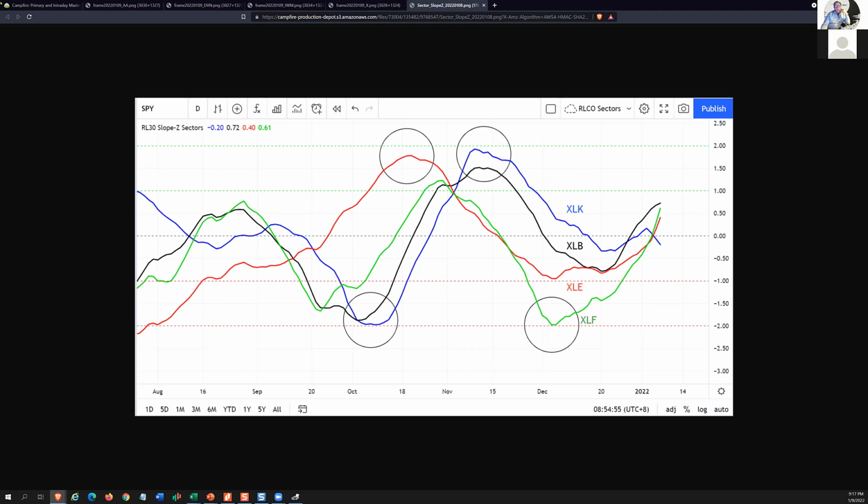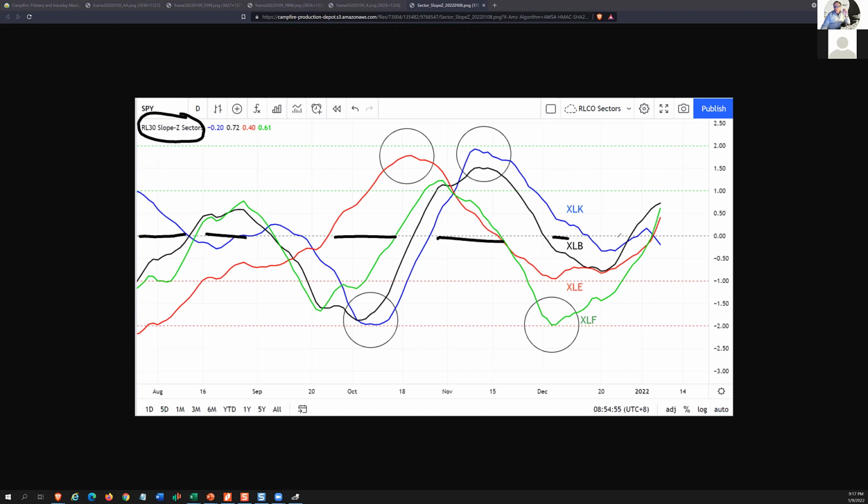As you know, the slope of the RL30 expressed as a z-score is my personal favorite for understanding market condition within context. So here's the all-important zero line. And now what he's computed is the z-score of the RL30 slope.